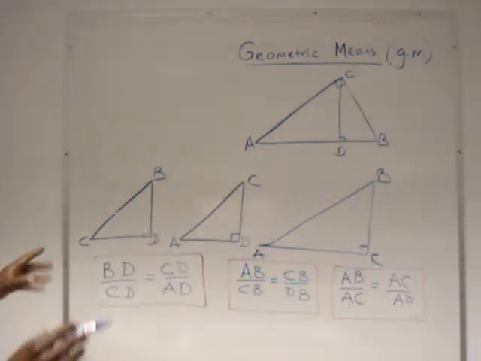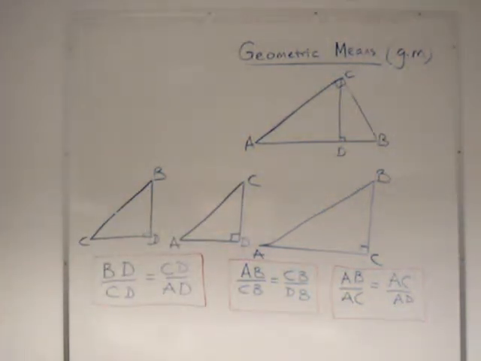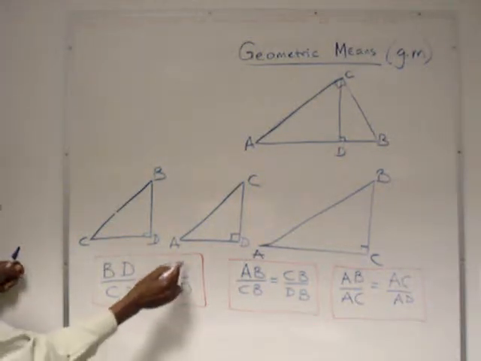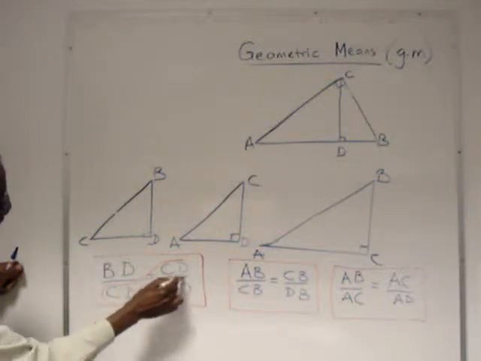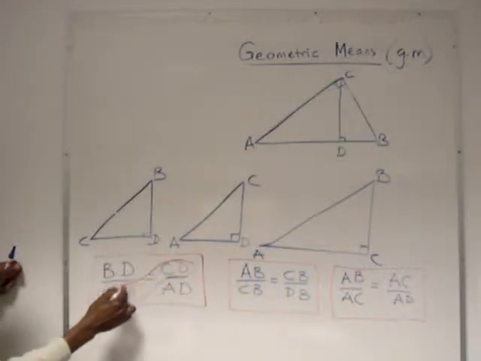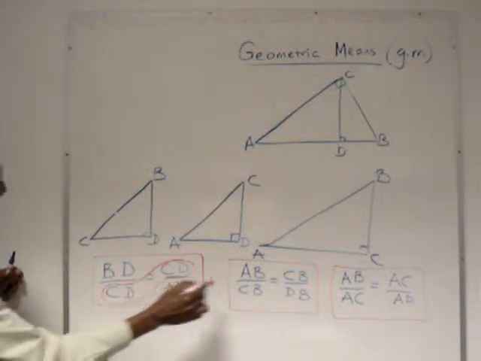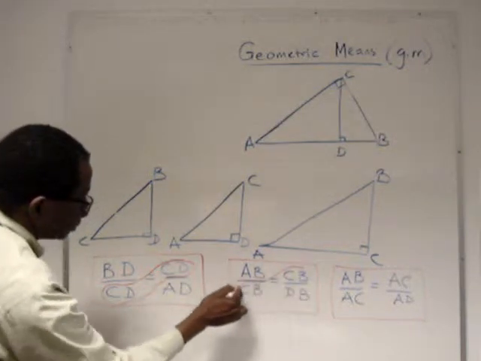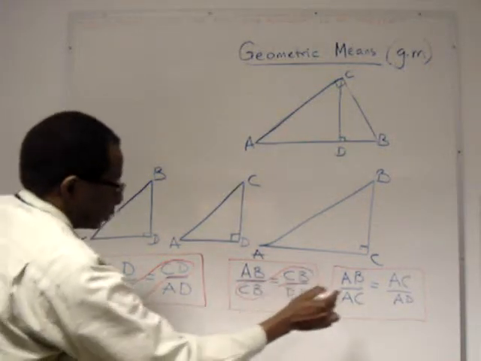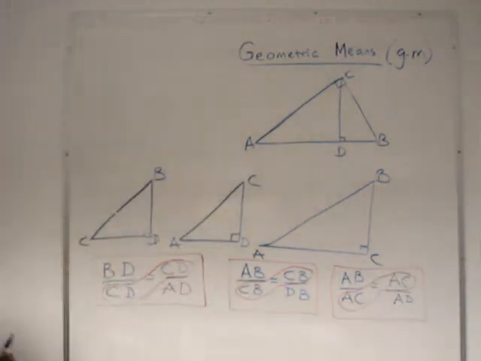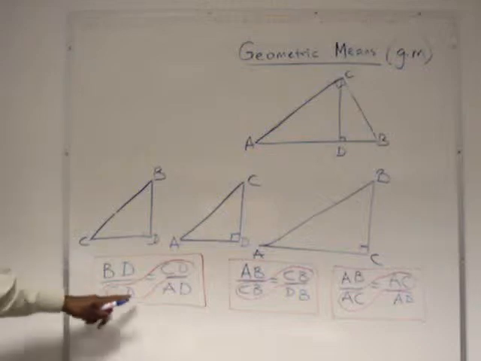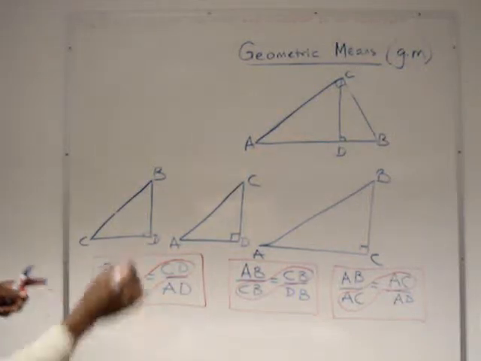So now, look at something interesting. You will notice that in each of these cases, these two terms are the same in all these cases. And what does that suggest to you? Remember the definition of the geometric mean?